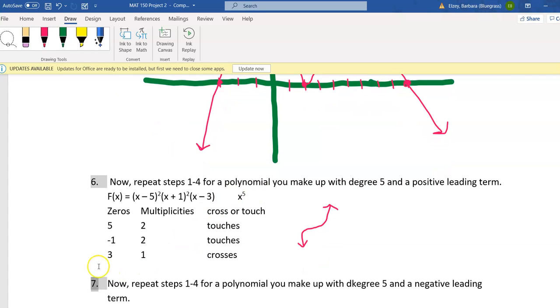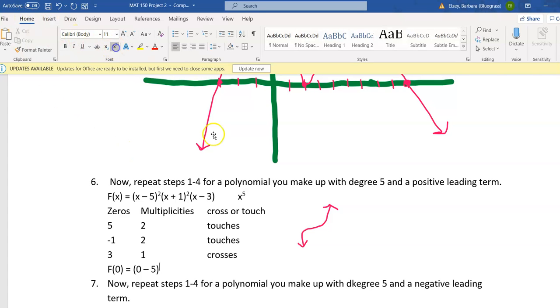Let's get our y-intercept by plugging 0 into the x. 0 minus 5 squared. And then 0 plus 1 squared.